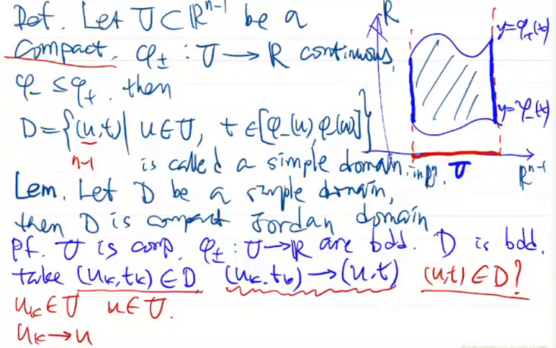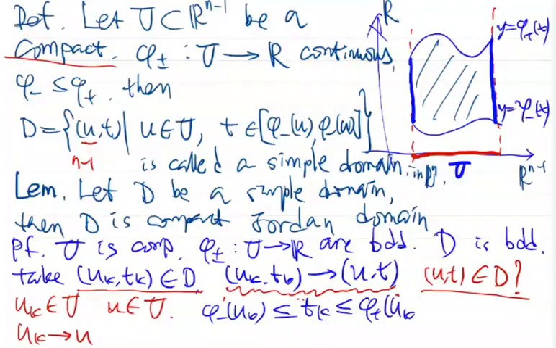Okay, and (u_k, t_k) belongs to D means that t_k belongs to the interval [phi minus of u_k, phi plus of u_k]. Or in other words, phi minus u_k is not greater than t_k, which is not greater than phi plus u_k.